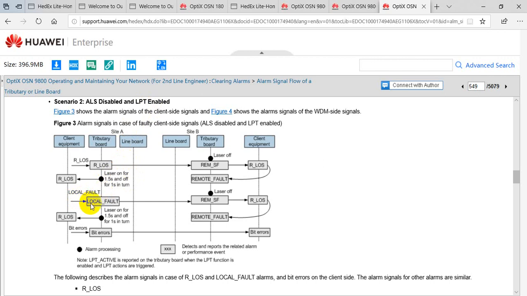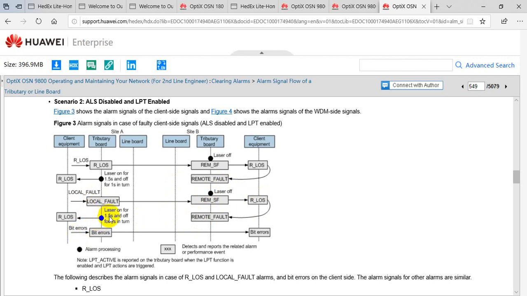In case of local fault, it is similar: getting local fault, so the problem is beyond the client equipment, and then in the downstream direction, the remote SF laser will be off, so R loss, so remote fault back to B end tributary, and at A end tributary, the laser will be on and off.